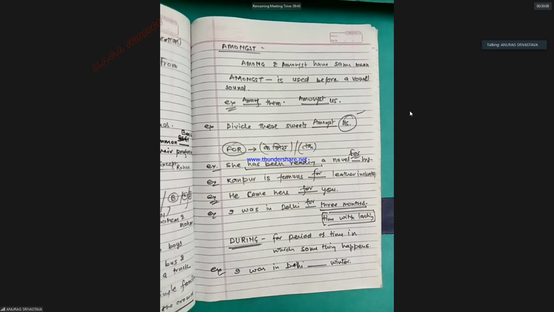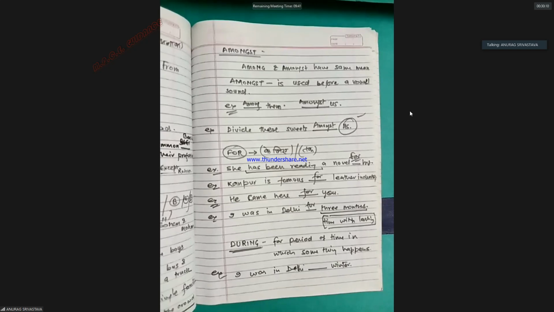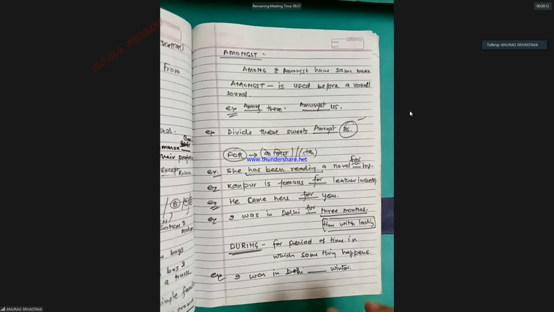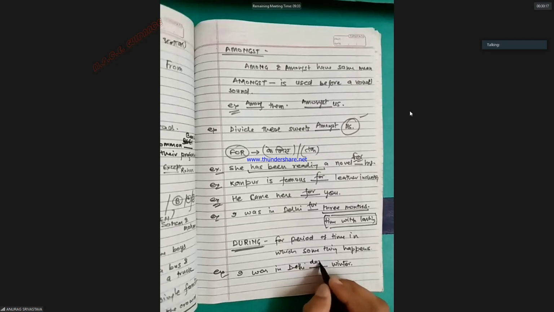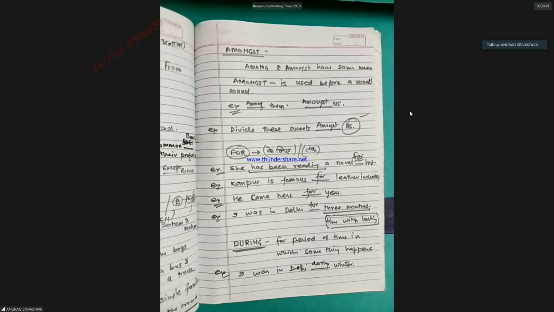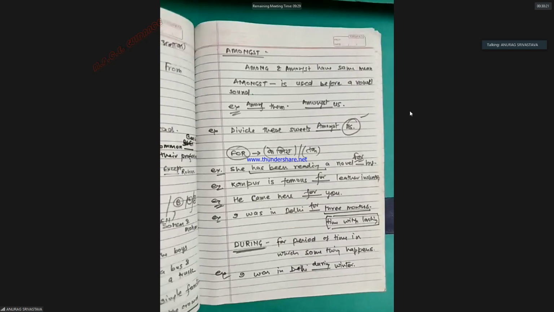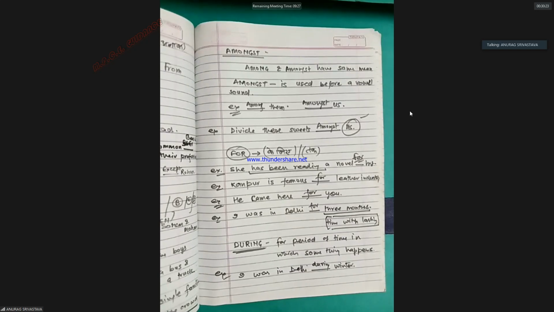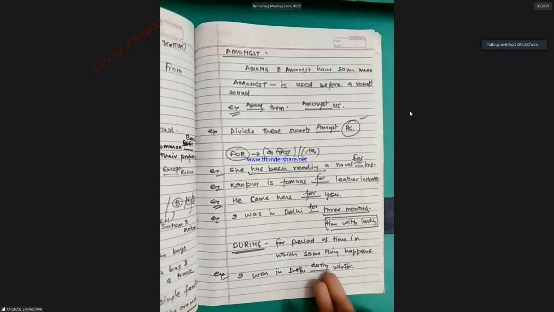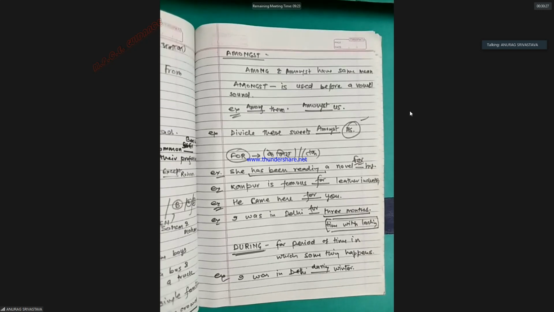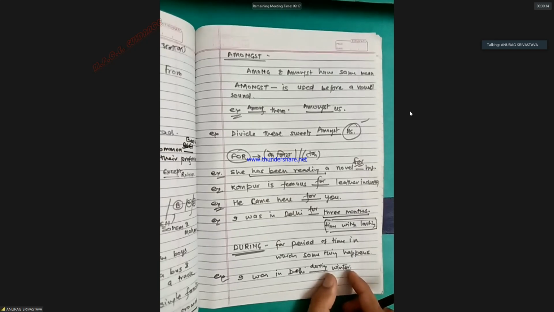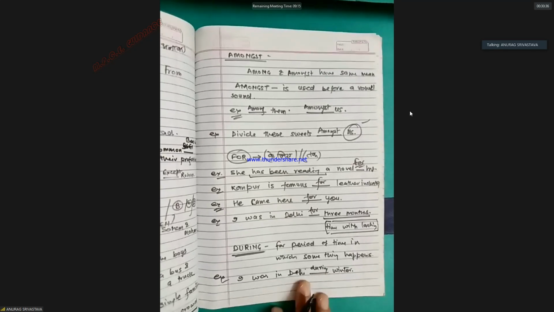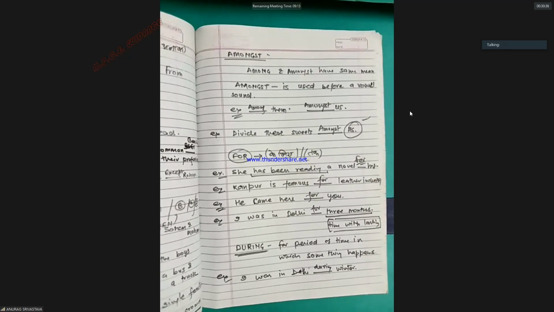That he was in Delhi. So in this kind of sentence in which we have a particular period of time, there we use during, which is the complete period of time during which something happens. He was in Delhi during winters. The sentence will make sense only when we fill here during. If we fill here for, then it doesn't make sense. Why? Because it is a period of time, not a point of time.